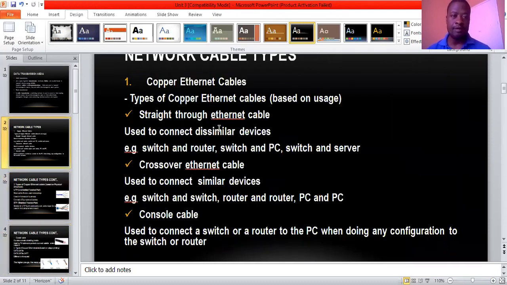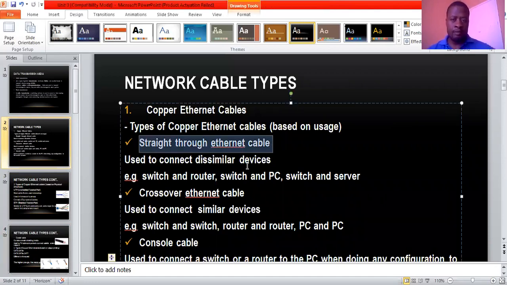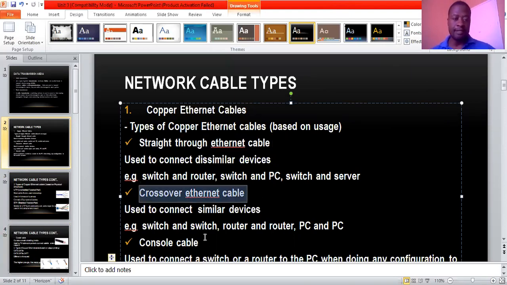Now, starting off with the first one, under copper, based on usage, we are going to discuss the straight-through cables. The copper straight-through cables, we have got the crossover Ethernet cables, and we also have got the console cable.